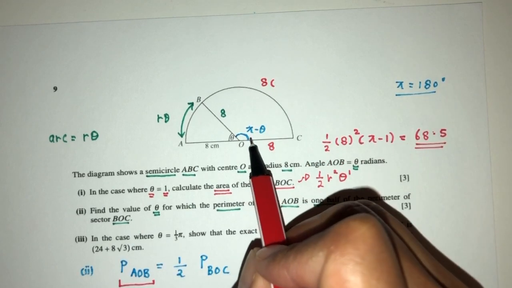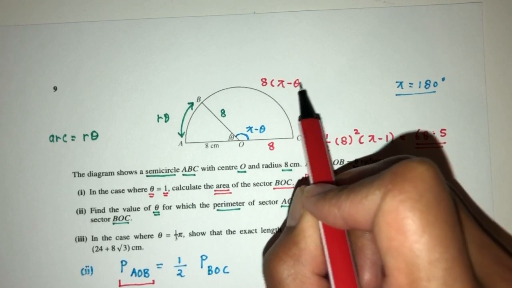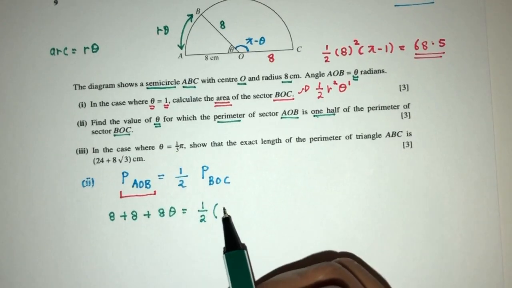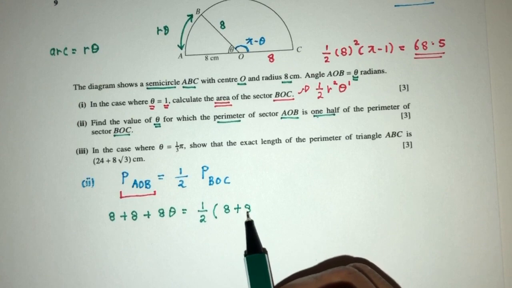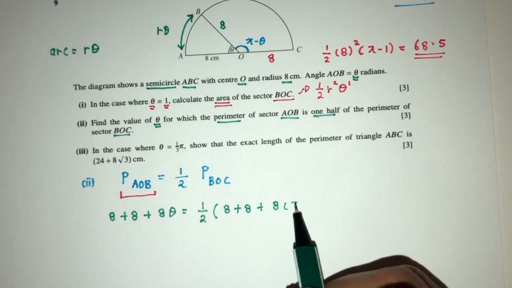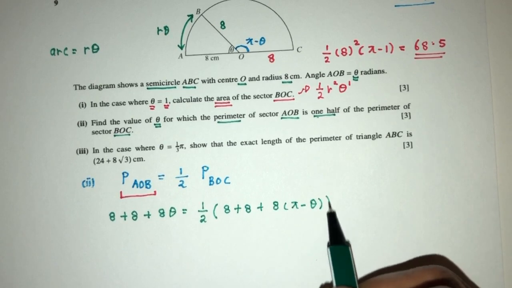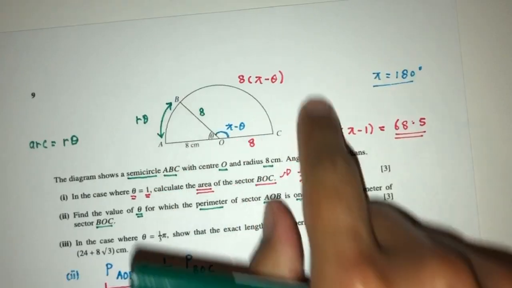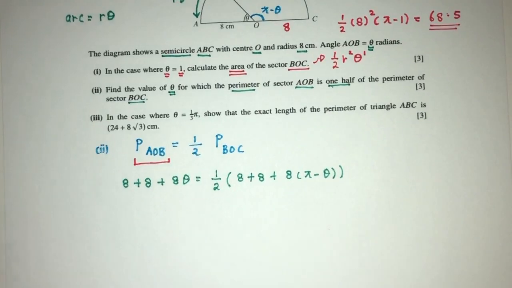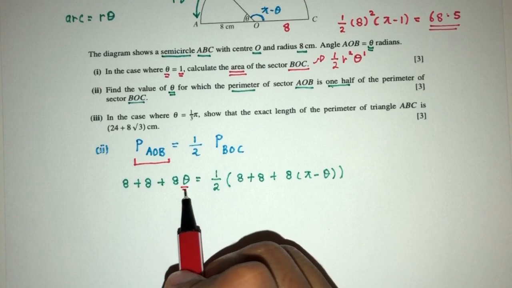Theta here is the angle in between, that will be pi minus theta. So let's write this down. Here we have 8 plus 8 plus 8 times (pi minus theta) for the perimeter of BOC. So now we have this equation, and we have to solve for the value of theta.